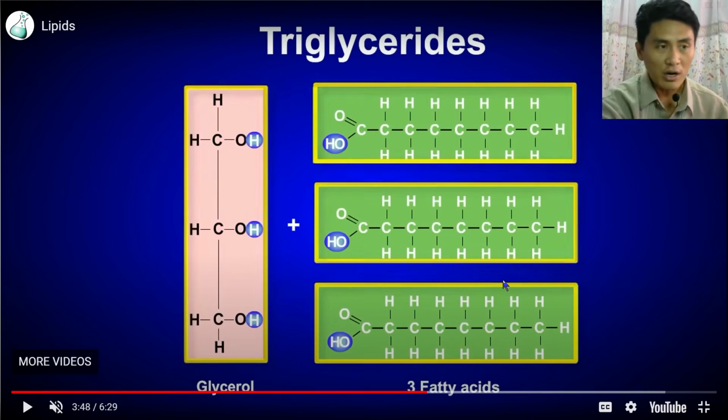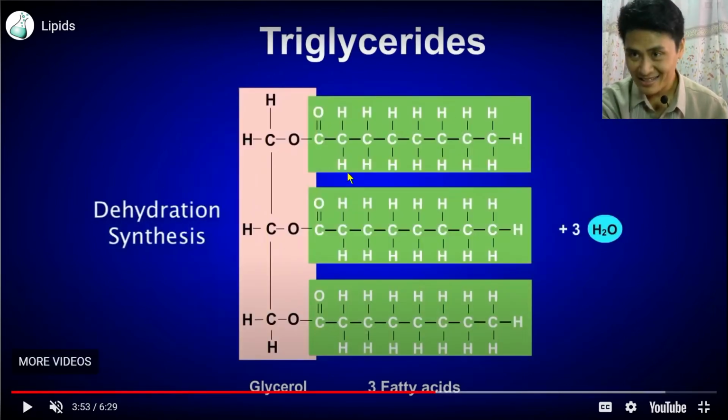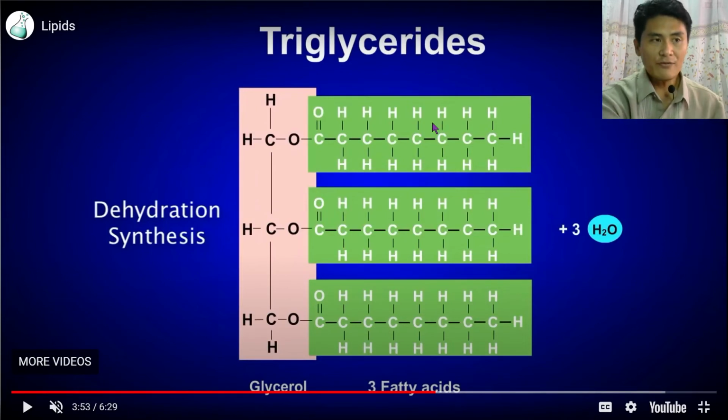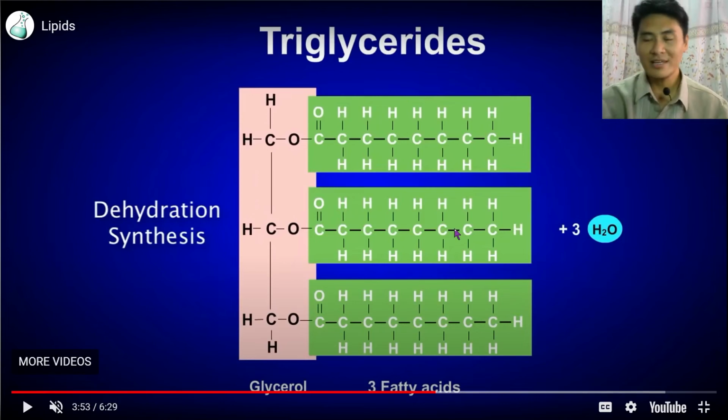But for sure, if it's all saturated, then when you form a triglyceride, you form fat, right? And for sure, when it's all unsaturated, you will form oils, right? When it's a combination of both, it depends on the overall property of the triglyceride. It could be a fat or it could be an oil. But the idea is like that.